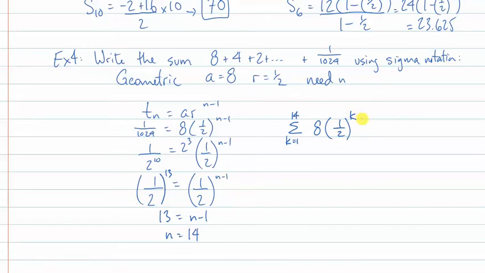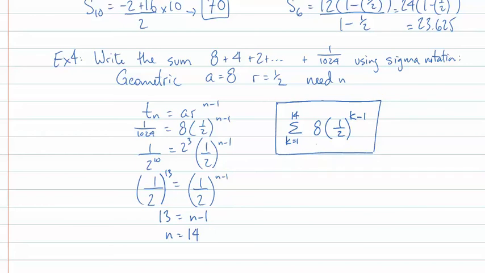The way to do that is to make this exponent 0, so that the power, rather, is 1. So let's say k minus 1, and let's check. Substitution of 1 here makes an exponent of 0. That's going to give me a power that's equivalent to 1. 1 times 8 gives me the first term. I know I've got 14 terms. I know I've got my common ratio. So this is a pattern that will work.